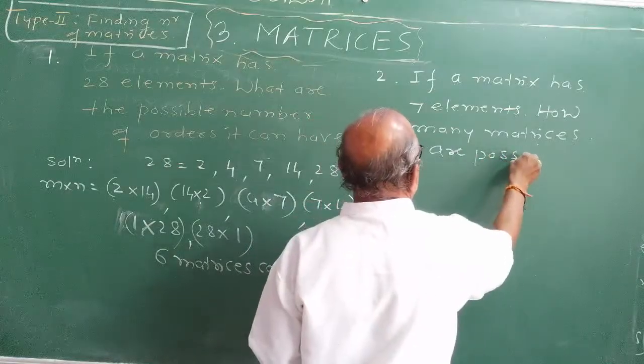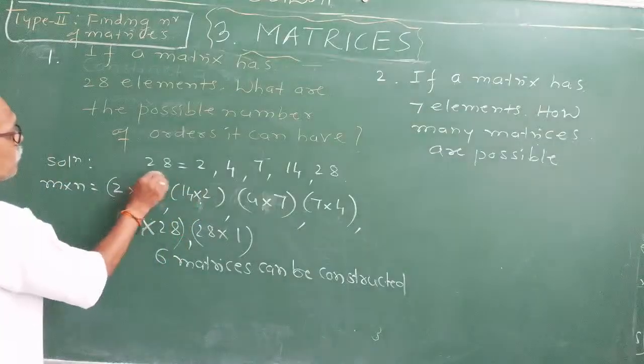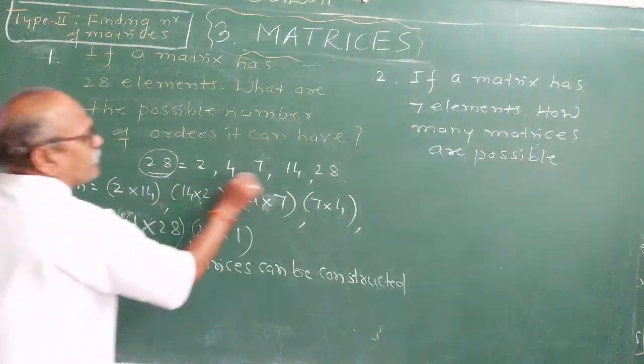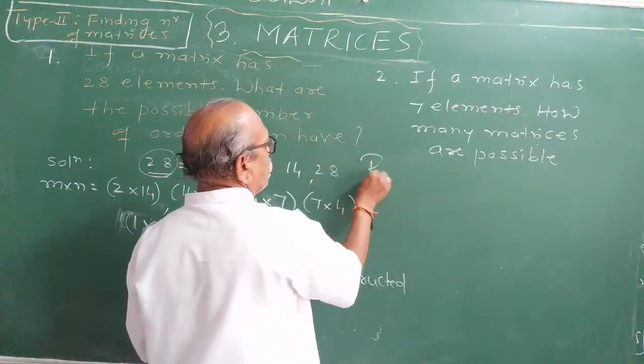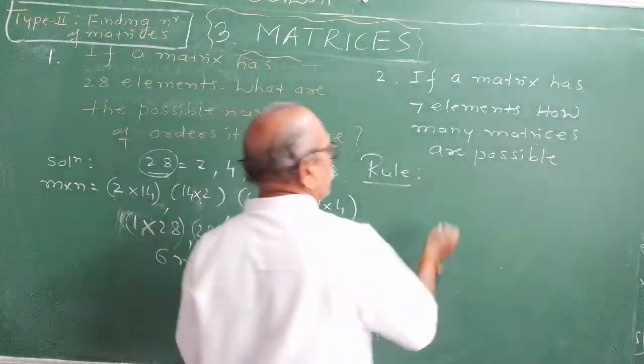Remember a rule. See, 28 was a composite number. If it is a composite number, it will have factors. Now, if it is a prime number, remember a rule or a trick, right?